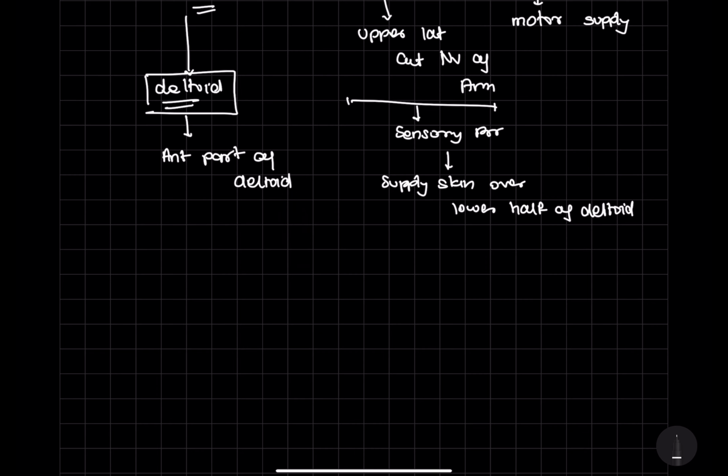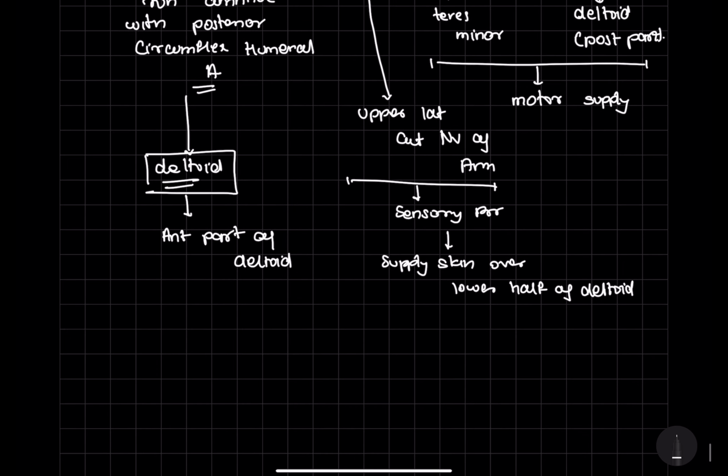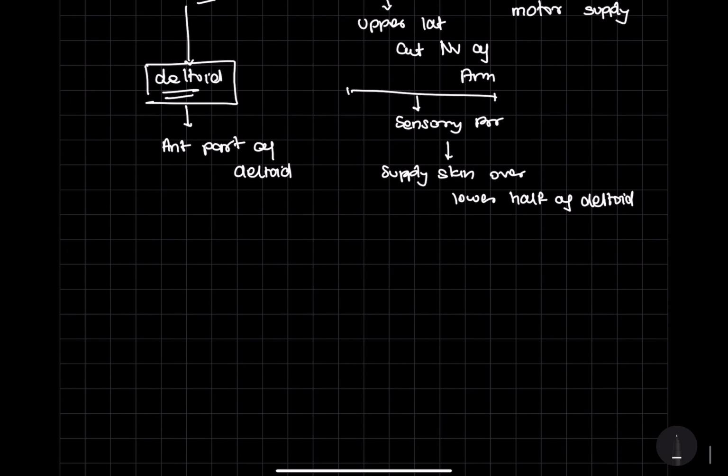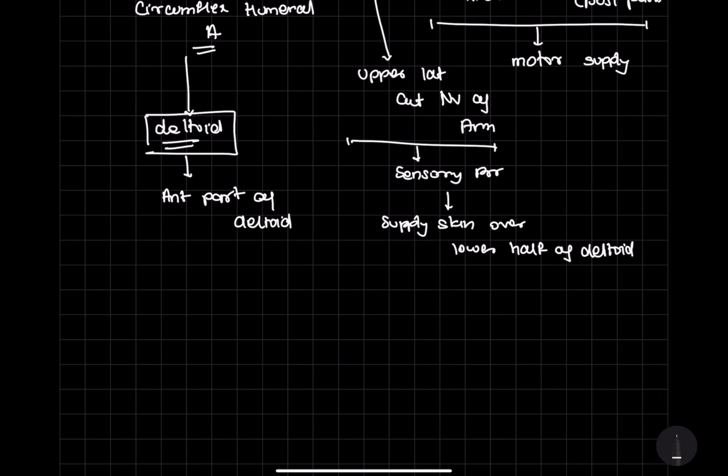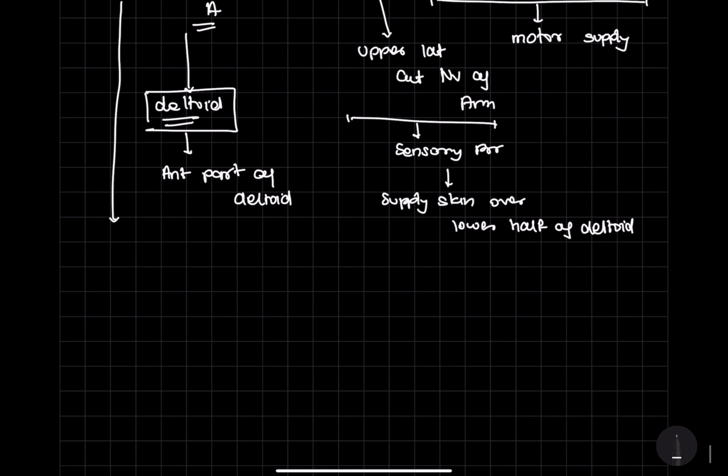Now, as it has its motor innervation, similarly it will have its sensory innervation. For the sensory innervation, it gives some branches which go over the deltoid. We do not bother with the names of those branches. This was the motor supply.